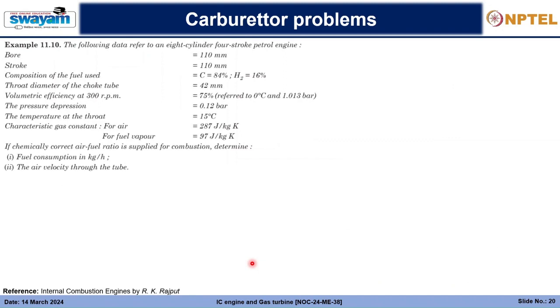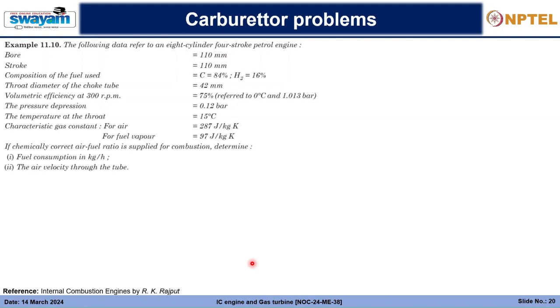This is probably the last question. The following data refer to an 8-cylinder 4-stroke petrol engine. The bore diameter is given, the stroke length is given, and the composition of the fuel is given: C is 84%, H2 is 16%. The throat diameter of the choke tube is given. Volumetric efficiency at 300 rpm is 75%. Pressure depression is given. The temperature at throat is given.